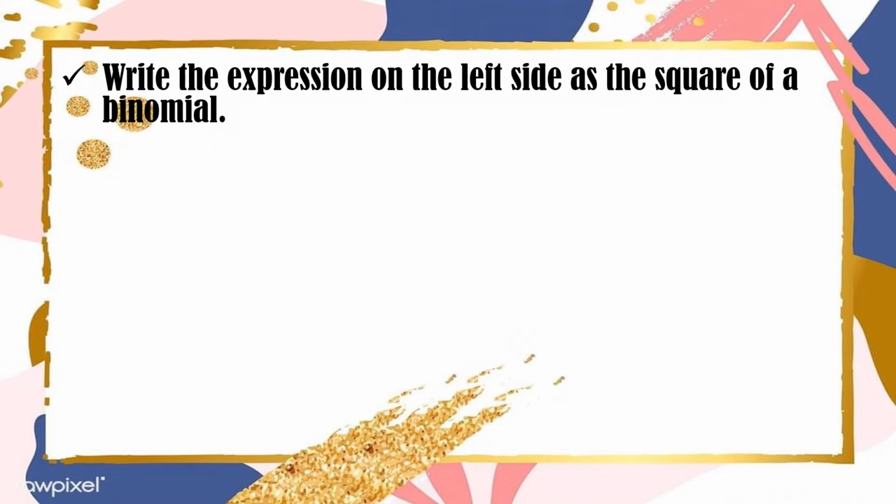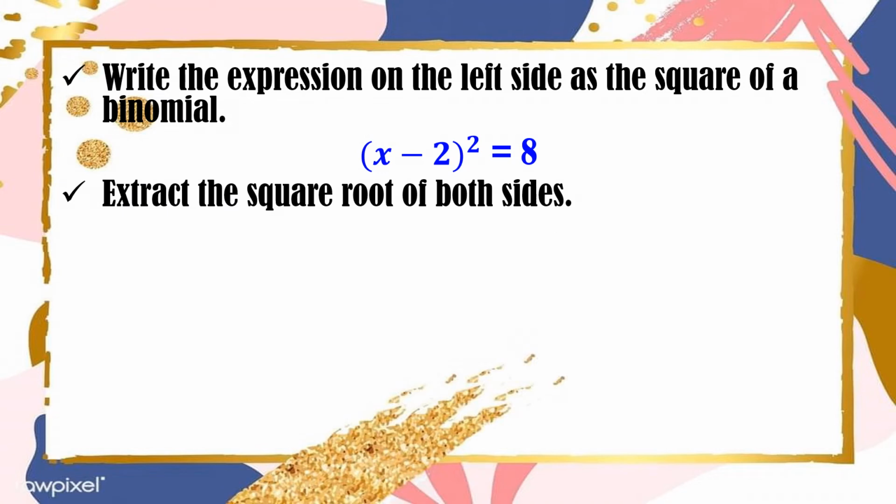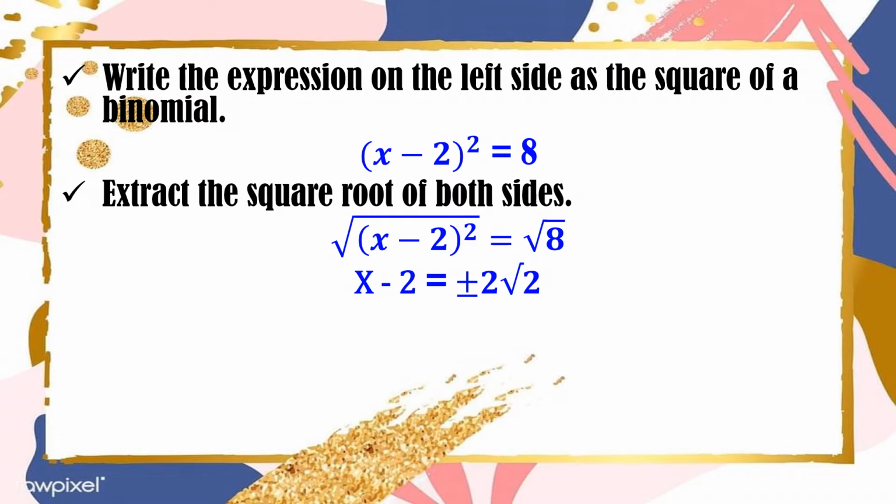Next, write the expression on the left side as the square of a binomial. So it will become the quantity of x minus 2 squared equals 8. Then, extract the square root of both sides. Square root of the quantity of x minus 2 squared equals the square root of 8 will be equal to x minus 2 equals positive or negative 2 square root of 2.